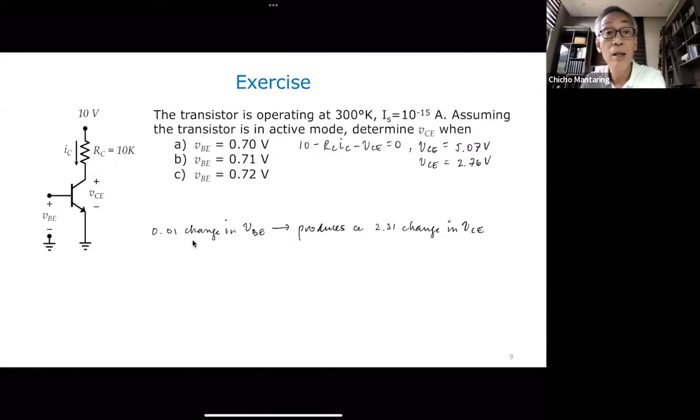So, ang liit ng change dito sa VBE, 0.01, ang laki ng change dito sa VCE. Which means that if this is time varying, changing very small, this will also be time varying but changing very large. That's why we said that this can be an amplifier.